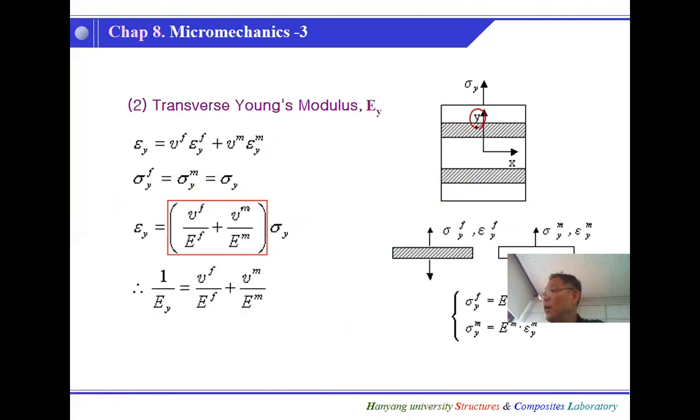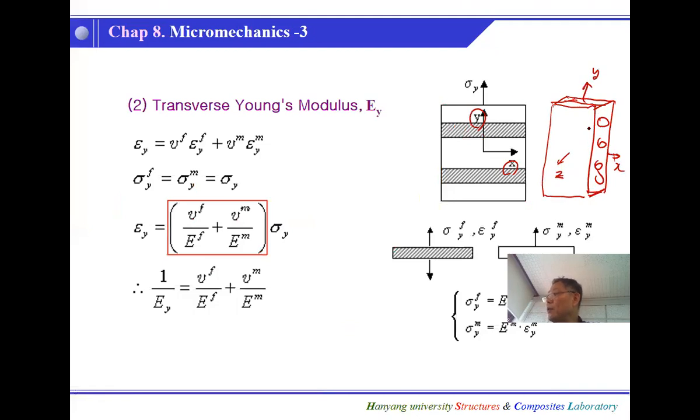Actually this is the y direction, and we say we have all the fibers arranged this way. This is the x direction and the y direction, and this is the z direction, which is not our concern, only x and y.